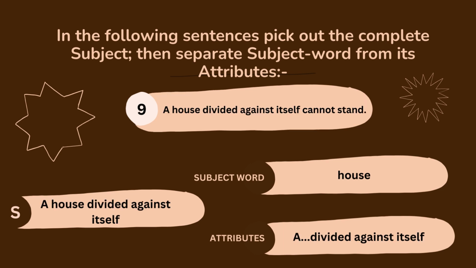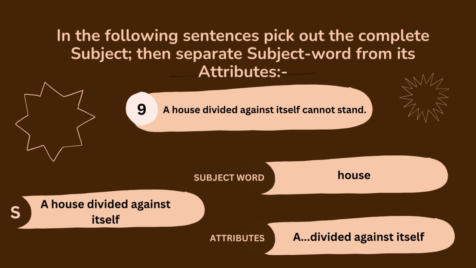Number 9, a house divided against itself cannot stand. The complete subject of this sentence is a house divided against itself, and the word house is the subject word, and the rest, a and divided against itself, are the attributes of this word.